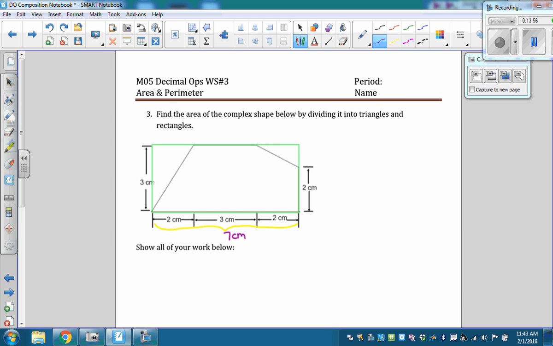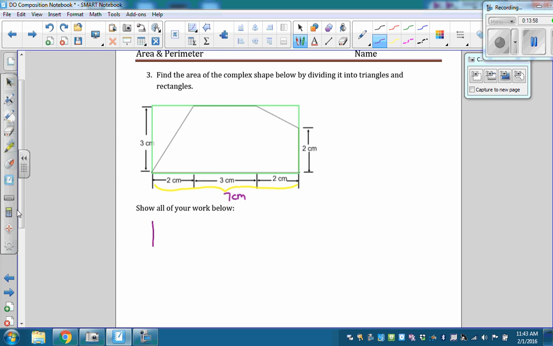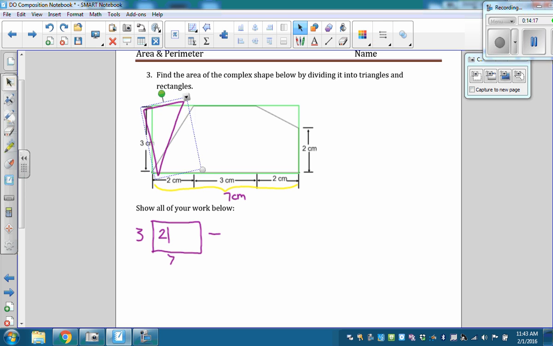So I can take that picture and just do the big rectangle, which is 3 by 7, which is 21 centimeters squared, and subtract out this triangle right here. So if you think of that triangle, I'm going to just rotate it. See, it has a base of 2 and a height of 3. So I can subtract that out.